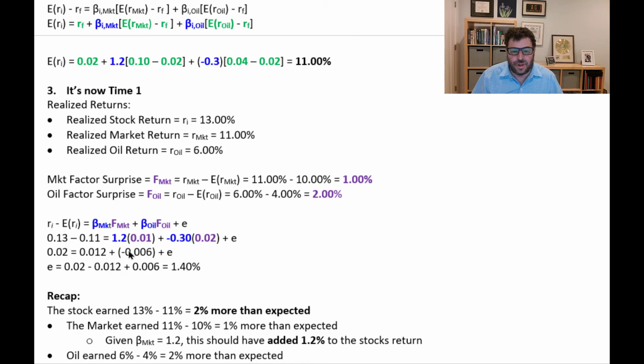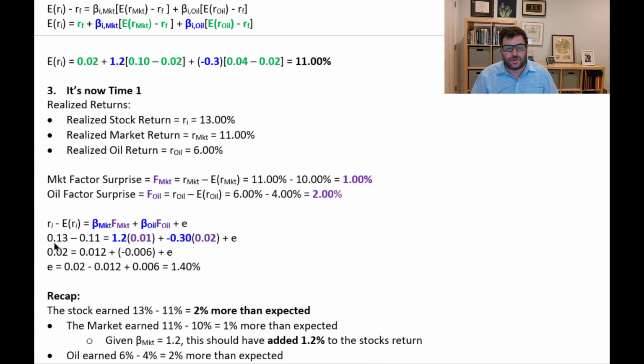And so I can see that my realized return at time 1 is going to follow this equation. The realized return minus the expected return, which is the 13 minus the 11, is equal to the beta times the market surprise plus the beta of oil times the oil surprise plus the E. And I know everything but the E. That's pretty much what I'm solving for here.